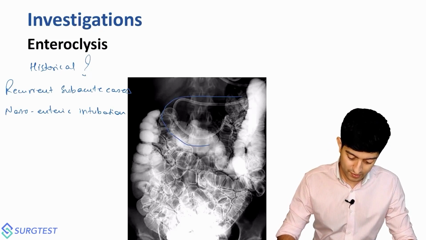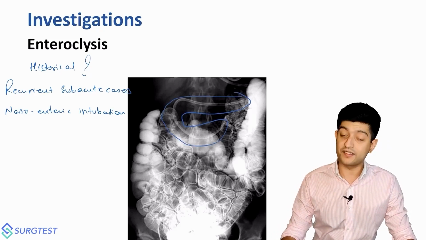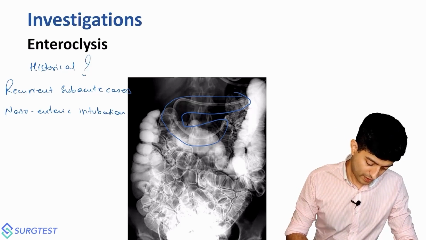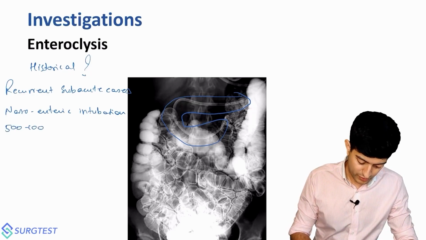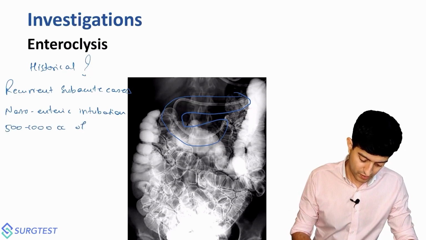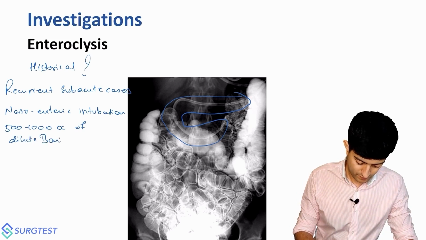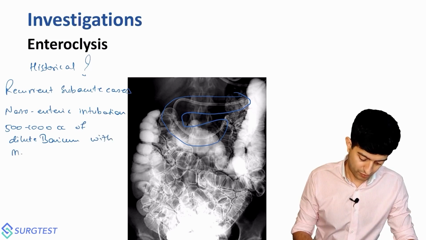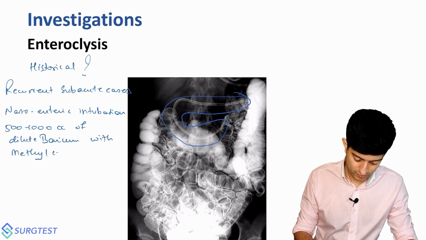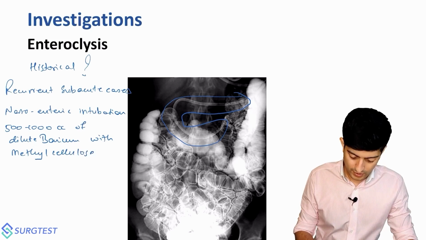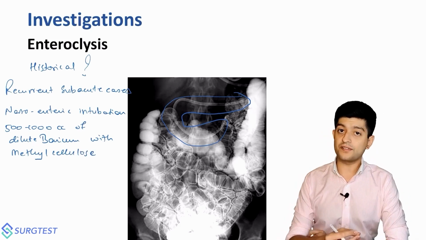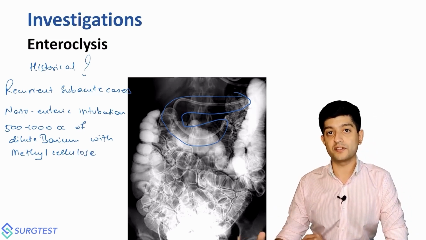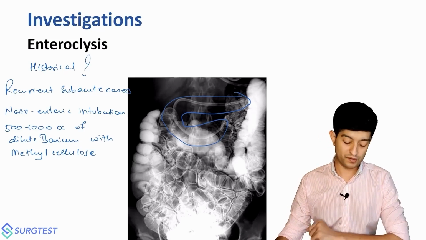You can see that on this associated X-ray over here. And you'll give 500 to 1000 cc of dilute barium with methyl cellulose through this tube. Now, this is a slow instillation and several films are taken over the course of the study.